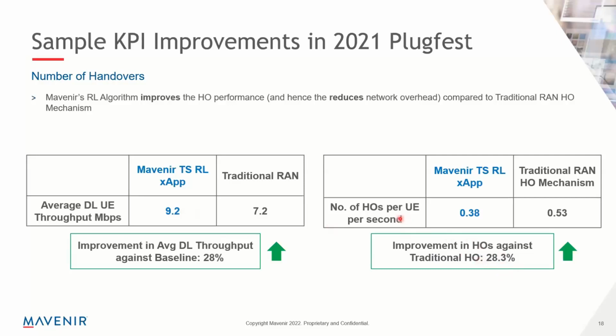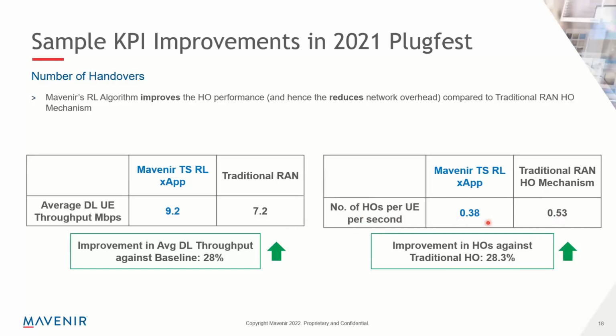I need to highlight that if you have so many handovers, that is not a good KPI. We need to minimize handovers as much as possible in your network. This is one of the key KPIs that operators are watching. Here we could see that we can improve 28% compared to the traditional handover optimization mechanism.